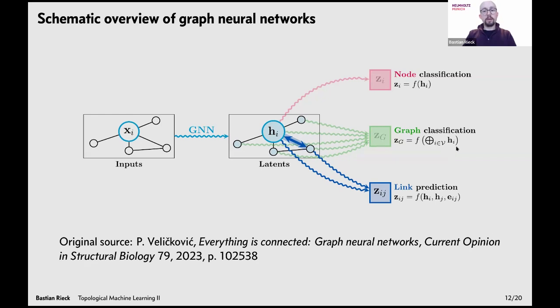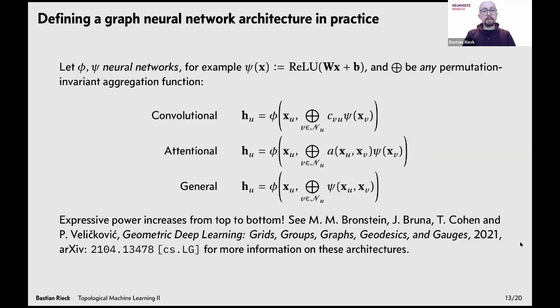Because you have to take all the hidden representations in your graph. And if you want to do link prediction, you typically take the hidden representations of the source and target node of your edge to decide this in the end. This is a very, very powerful paradigm, as you can see. In particular, you can define a lot of interesting architectures in practice by following this almost recipe. It is a recipe, right?